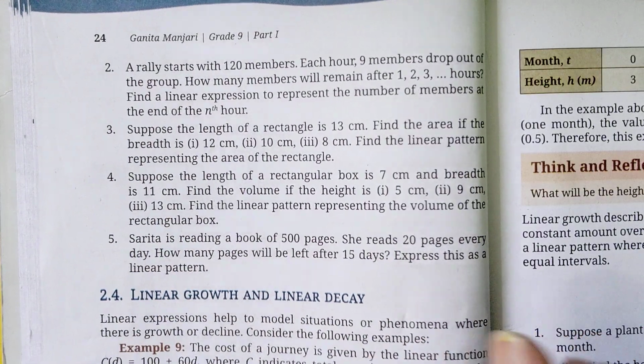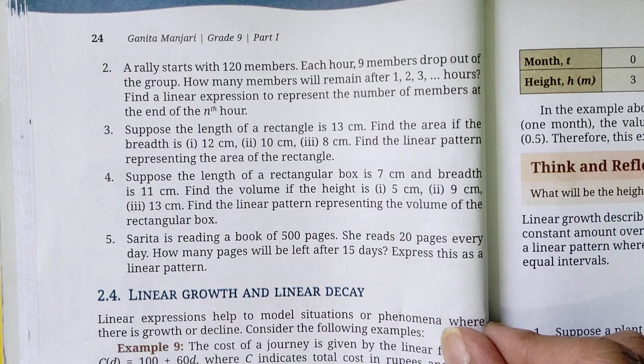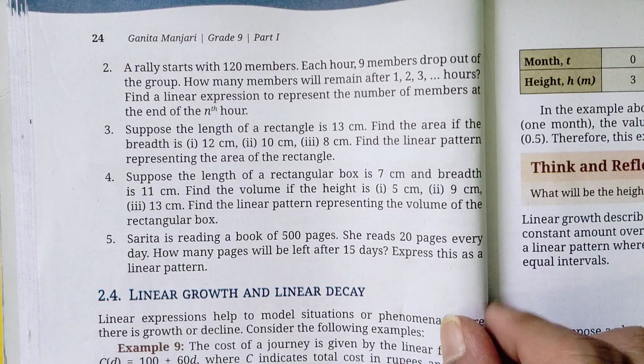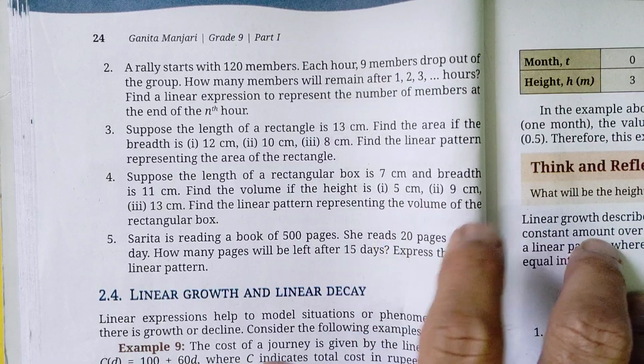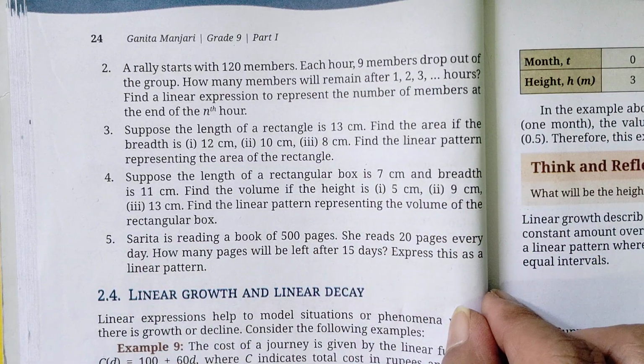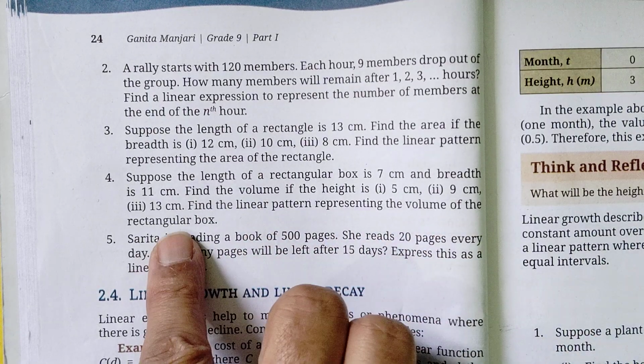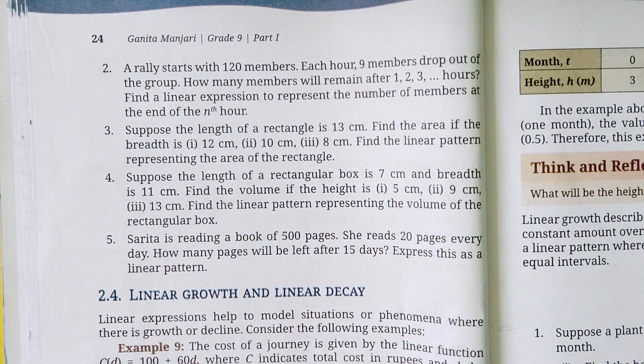Here there is a rectangular box. They have given us the length and the breadth. We have to find the volume for the different heights, and find the linear pattern representing the volume.